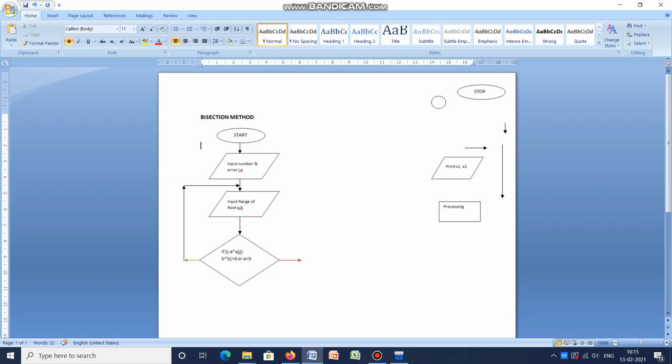Okay, so this can be done at the beginning also, or we can do it here also. Ideally we have to introduce it after this point. Okay. As I forgot, I am introducing it in the processing box. Input error.